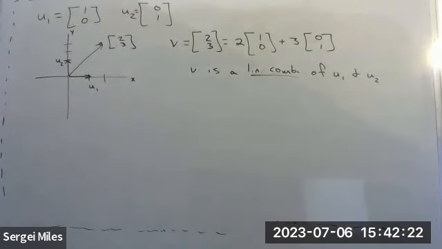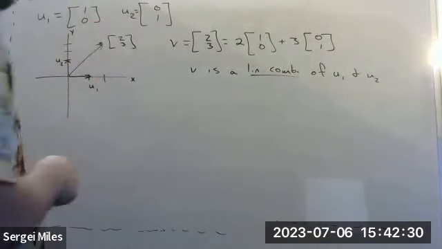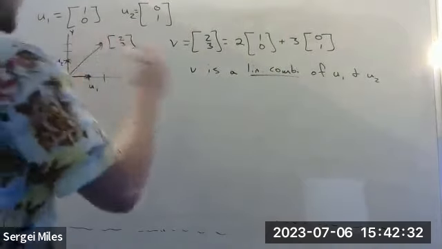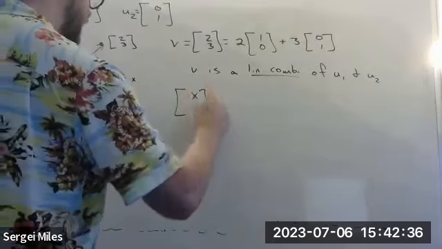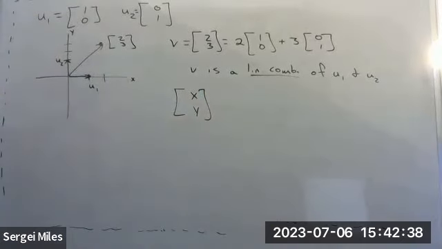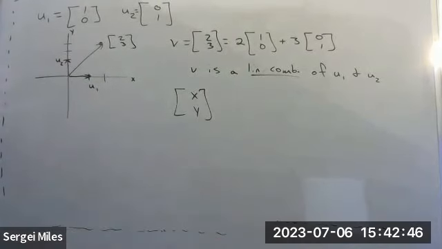Okay, great. So this is what it means to be a linear combination. But more specifically, these two vectors in particular are very special in that no matter what vector you imagine, in R2, we're just talking about vectors in the two-dimensional space. Any vector in R2 looks like this. It's some x, some y. x could be anything. y could be any real number, right?